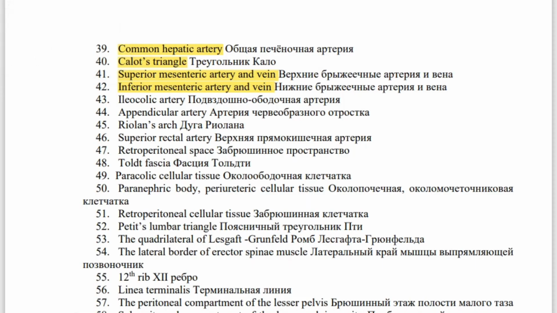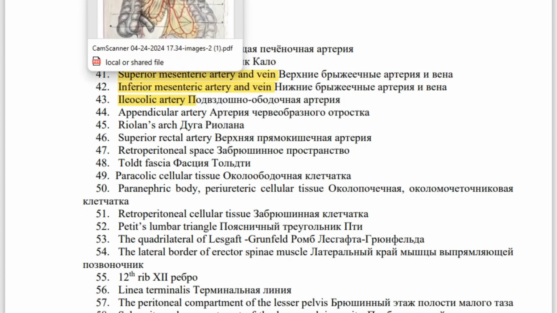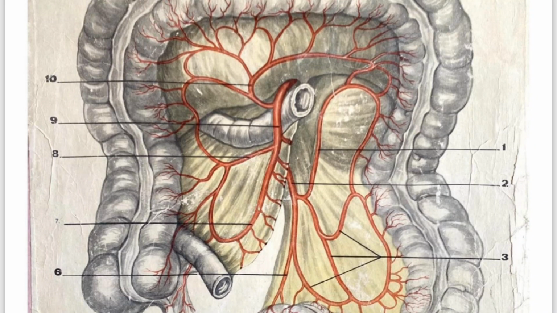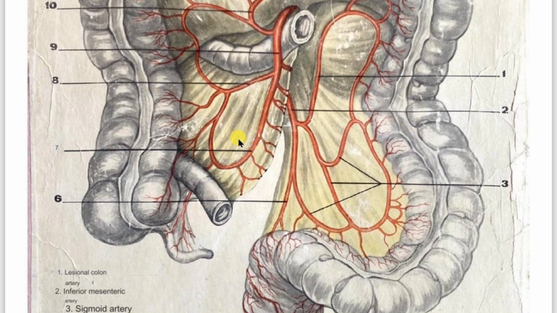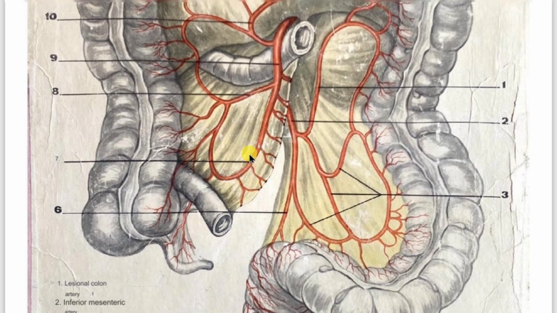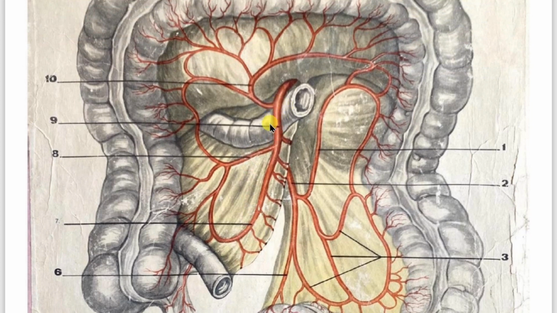Okay, so next what we have is the ileocolic artery. Let's come back to this poster. So this is the ileocolic artery. It is the most inferior branch of the superior mesenteric artery that we discussed just now.